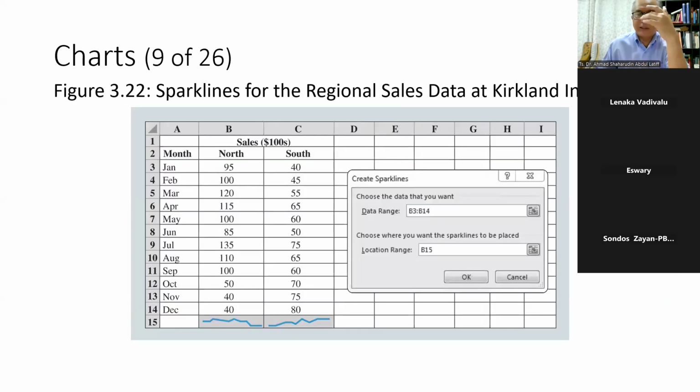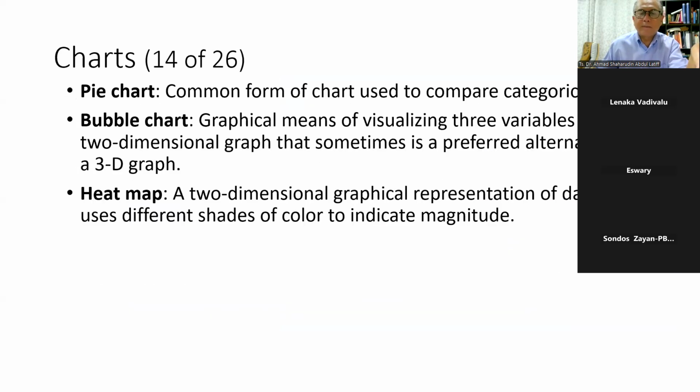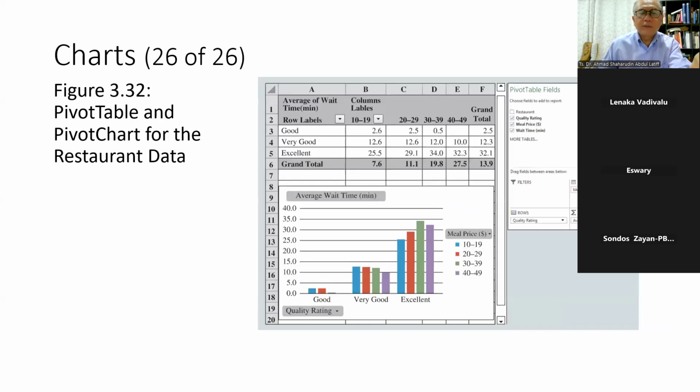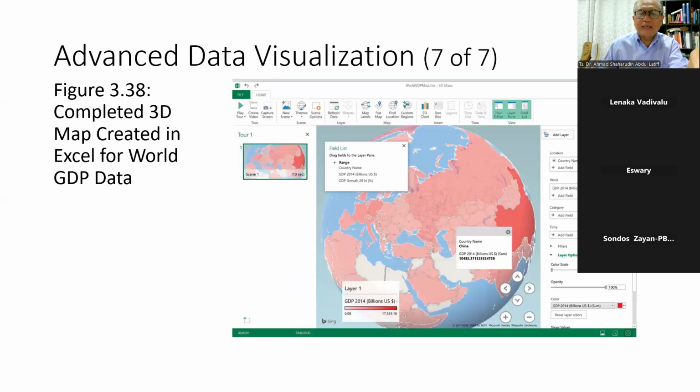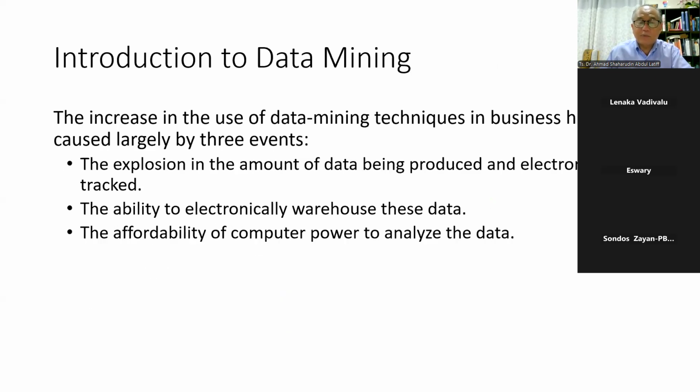I think later on, next week, I'll give some format, which table or chart is meant for what kind of information that you want to display. Then double chart, and then advanced data visualization. And then how do you put them in your data dashboard, and how do they relate to your KPI, key performance indicator?